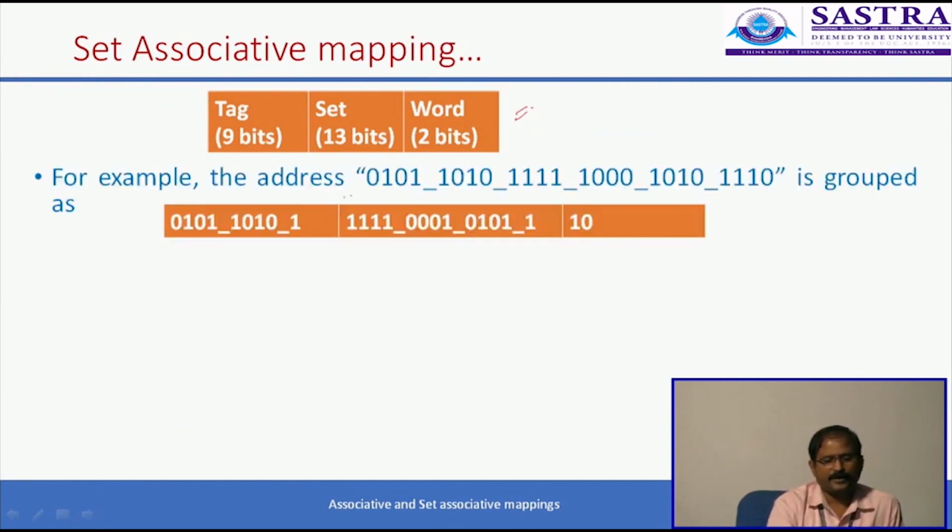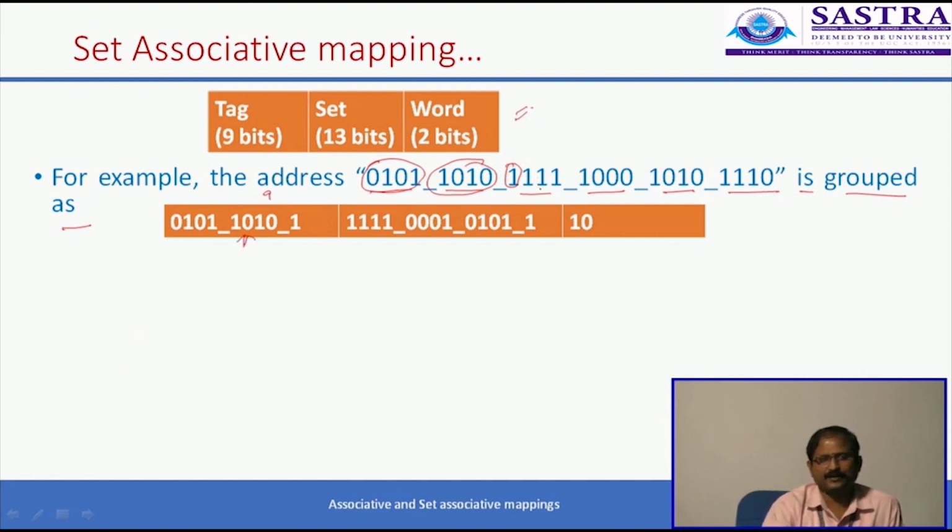For example, consider this address, a 24 bit address, 4, 8, 12, 16, 20, 24, 24 bit address. The 24 bit address is grouped as MSB 9 bits, this 4 bit, this 4 bit and this 1 bit. That one is grouped like this. That one is considered as tag.